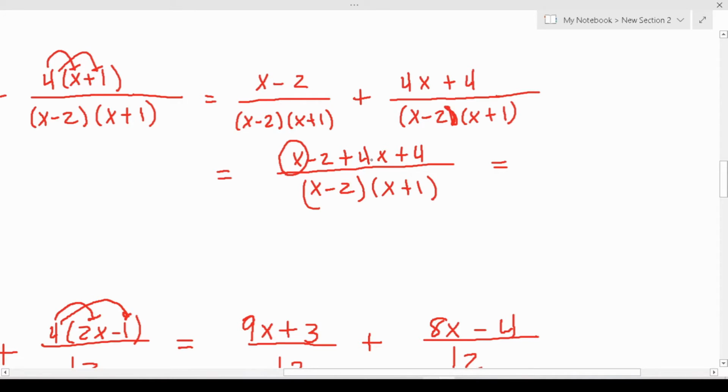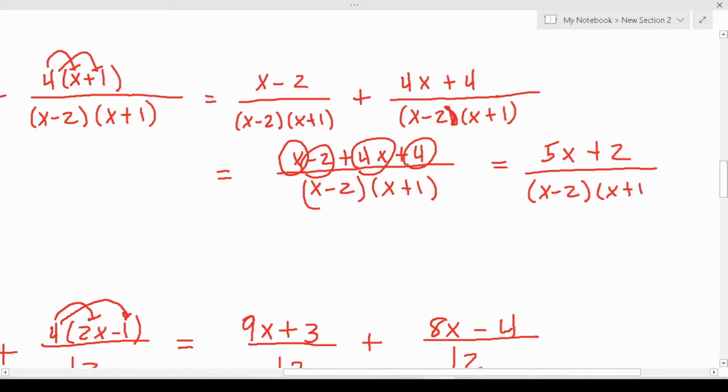We have x and 4x, so we can combine those to be 5x. And then we have negative 2 and 4, which is just going to be positive 2. So as we can see, this reduces to 5x plus 2 over x minus 2, x plus 1 in the denominator. And since we can't factor anything out to cross out anything else, this is in simplest terms.